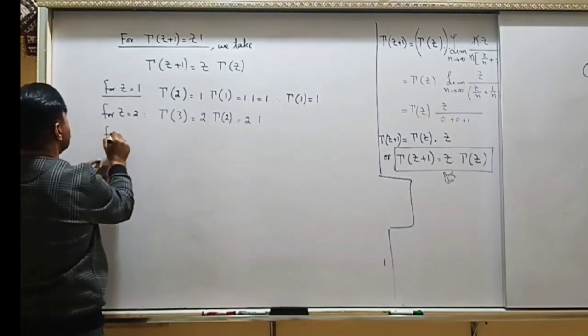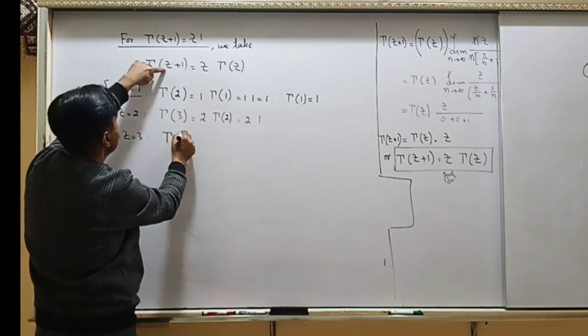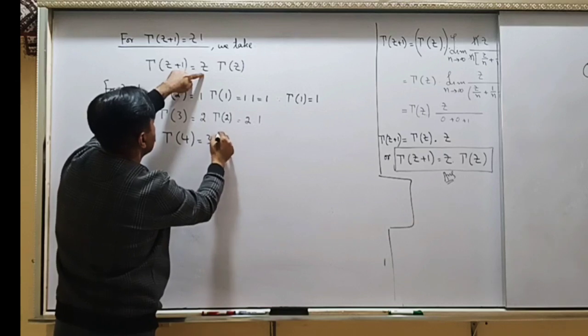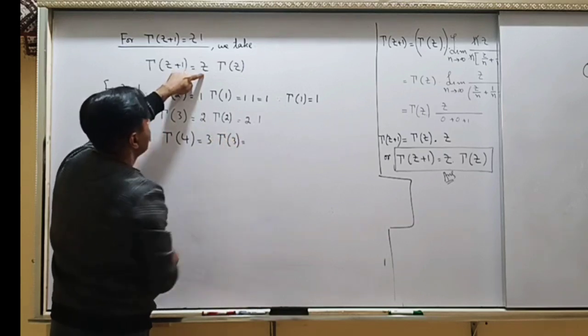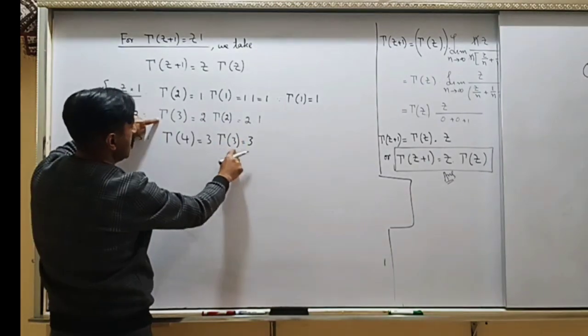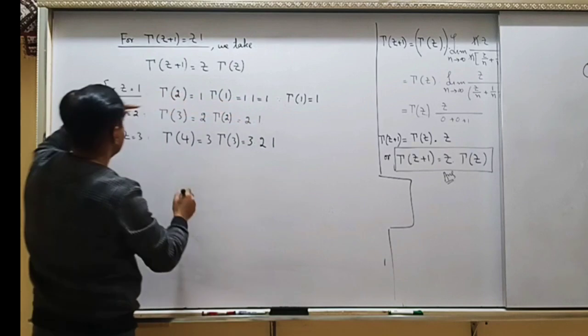Now for z equal to 3, gamma 3 plus 1 will make 4, and this is 3 gamma 3, and gamma 3 is above, so 3 gamma 3 is 3 into 2 into 1.